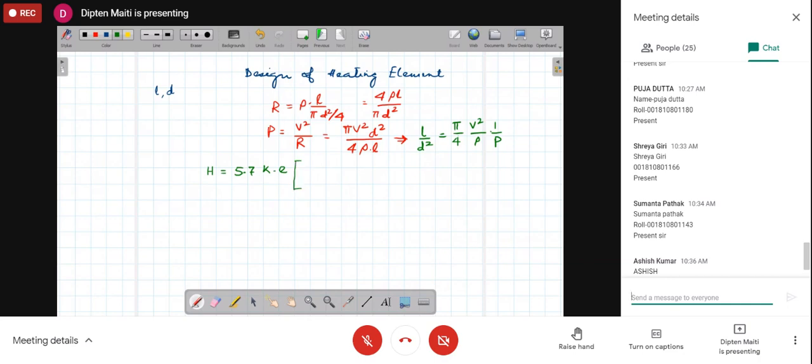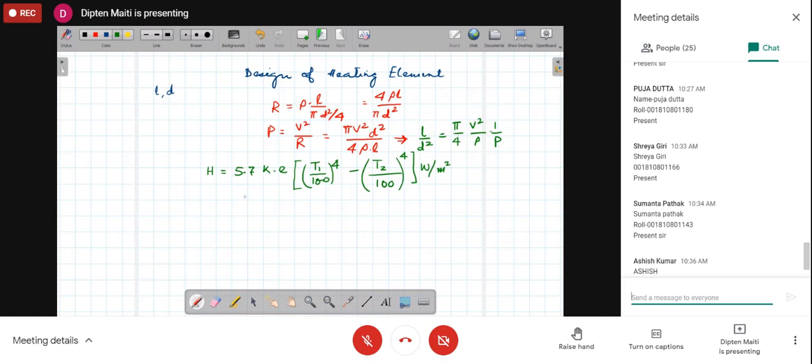popular Stefan's law, that is, let's say, T1, which is the temperature of the resistance which is producing the heat, raised to the power 4, minus the temperature of the charge to which it is delivering the heat, to the power 4. This unit is watt per meter square.